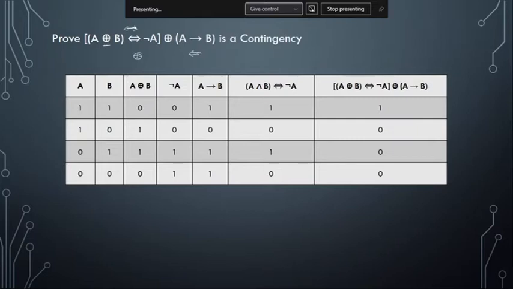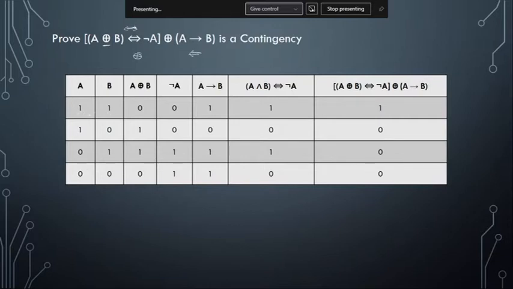In exclusive OR, it's the opposite. If both variables have the same value, the return value is false. If they don't have the same value, the return value is true. You can look here in the truth table at A exclusive OR B.